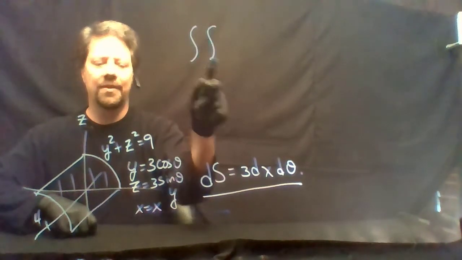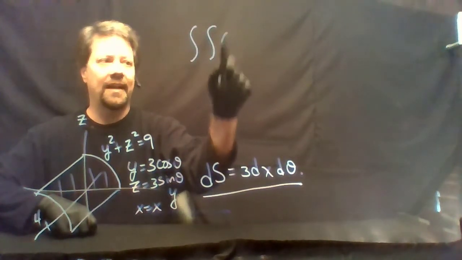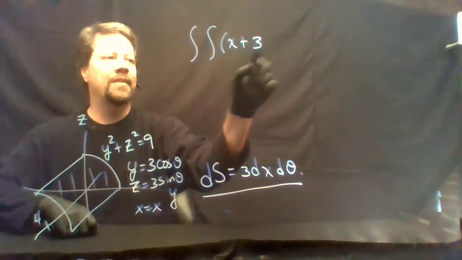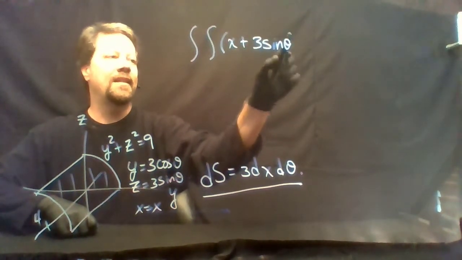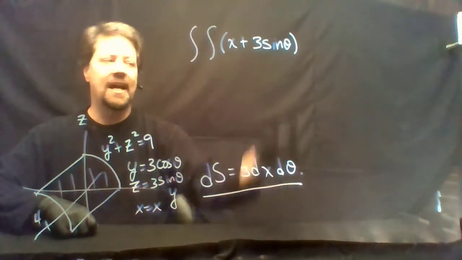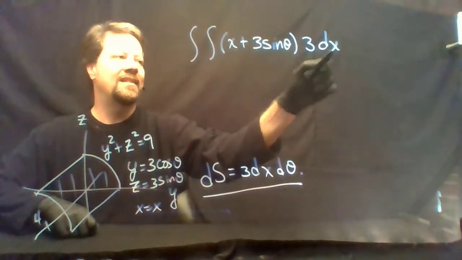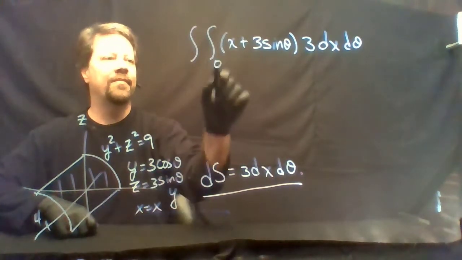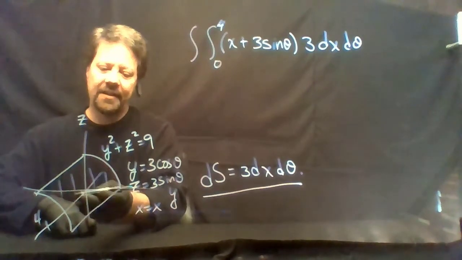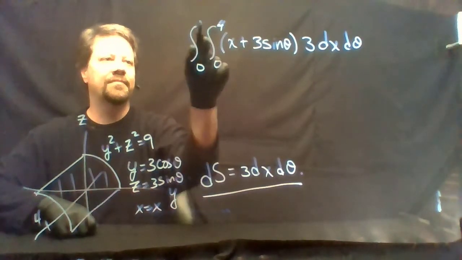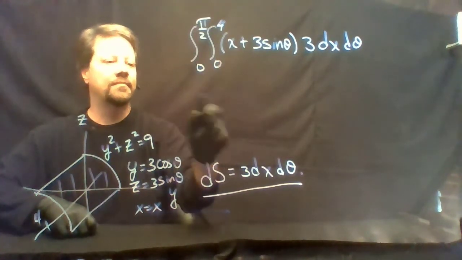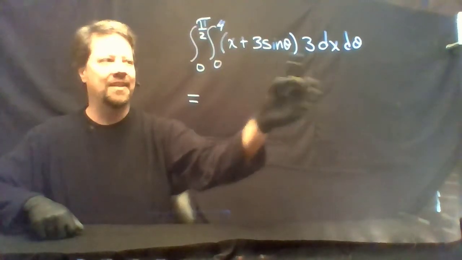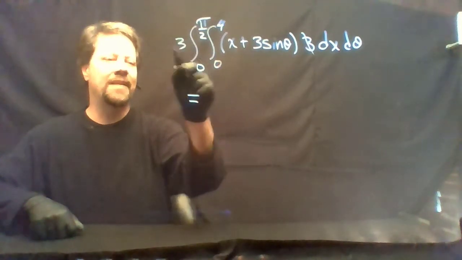We have then, for our surface integral, the integrand x plus z. Z was 3 sine theta, and then dS, which is 3 dx d theta. X goes from 0 to 4. Theta goes from 0 to pi over 2. Integrating with respect to x first, you can bring this 3 out.